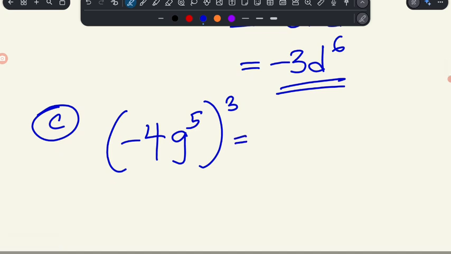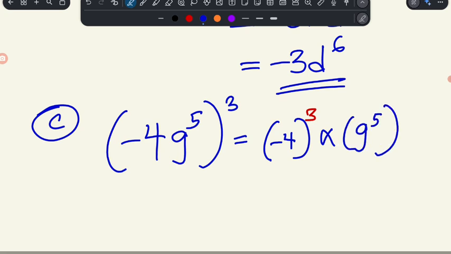Let's now try to expand it. We have a bracket open, minus 4 raised to power 3, times g raised to power 5 raised to power 3. So you can see that the 3 affects both the constant, that is minus 4, and the variable, g raised to power 5.